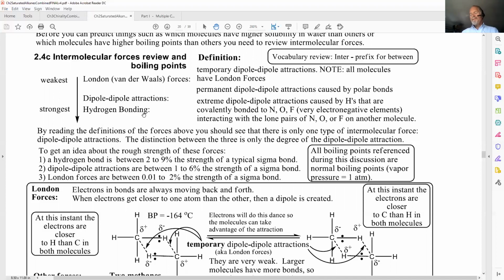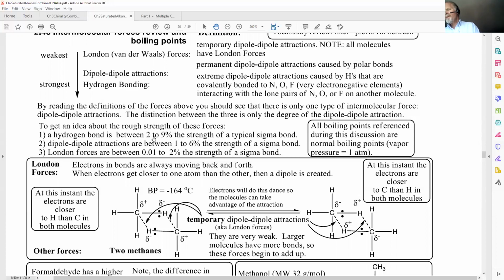This was terrible. This should have never happened, and it confuses students to this day and will until they change the name, which probably won't happen. A hydrogen bond is not a bond. It's an intermolecular force. And we'll go through each of these, and we are going to, in our discussion, only talk about dipole-dipole forces.